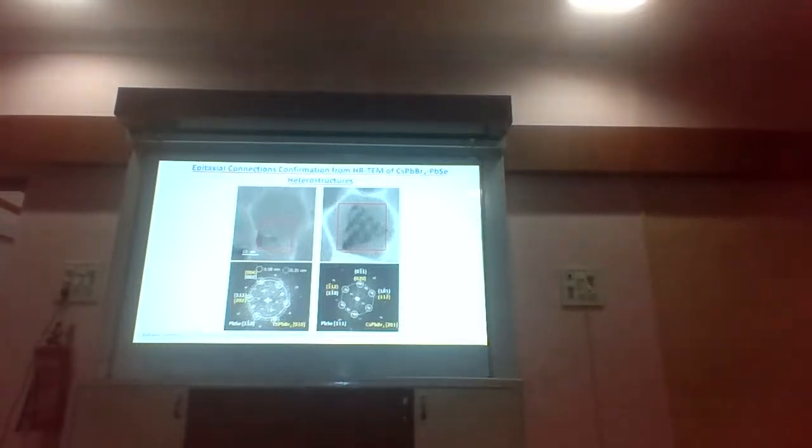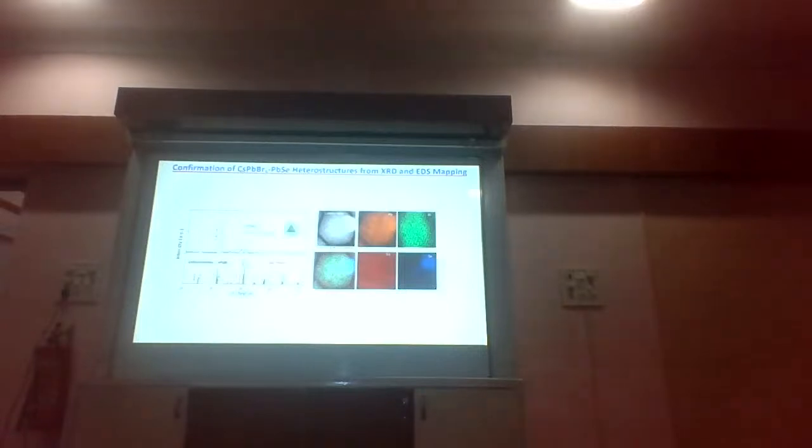To confirm the heterostructure formation, we took the XRD, and from it we observed that the orthorhombic phase of CsPbBr3 and the cubic phase of PbSe are present. We also took elemental mapping, where we can see the lead part, the bromine part, which is missing here, and the selenium part.